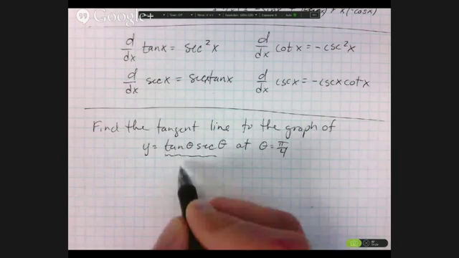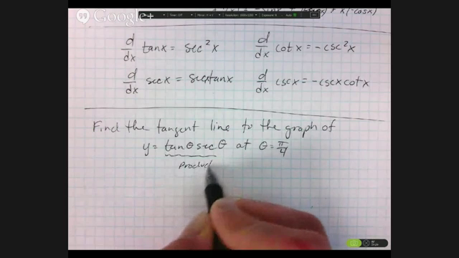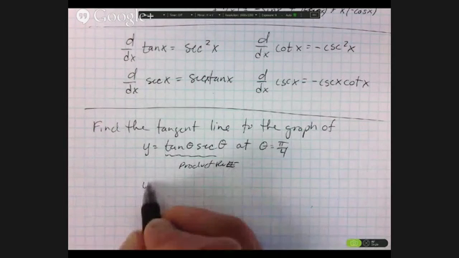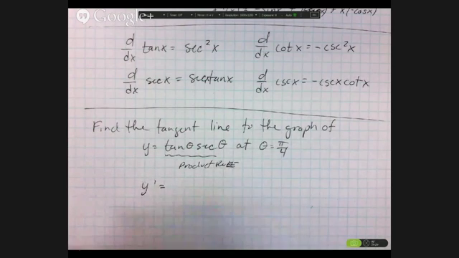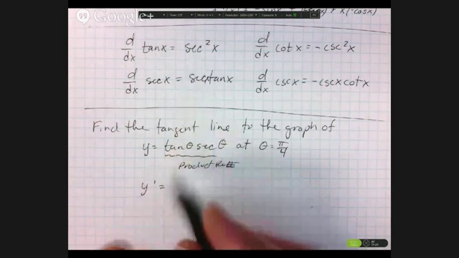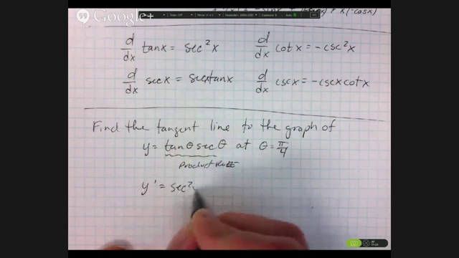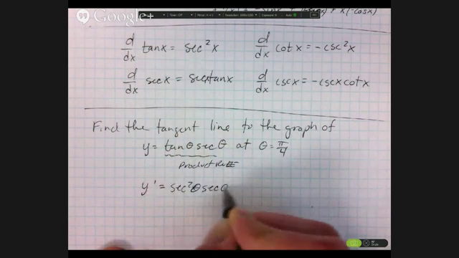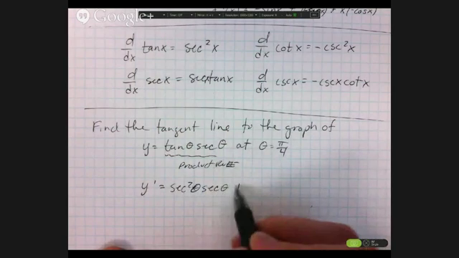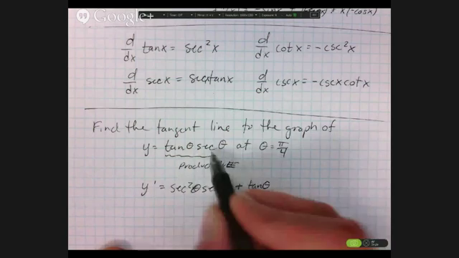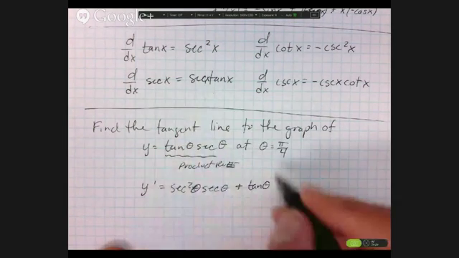Product rule. The derivative of tangent is secant squared theta, and then copy the second, plus the first times the derivative of secant. What's the derivative of secant? Secant x tangent x.